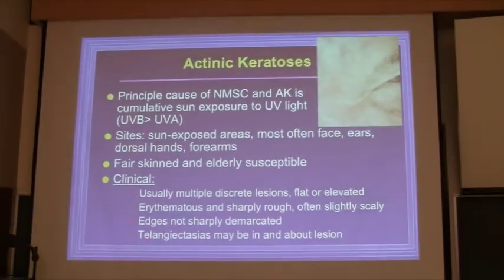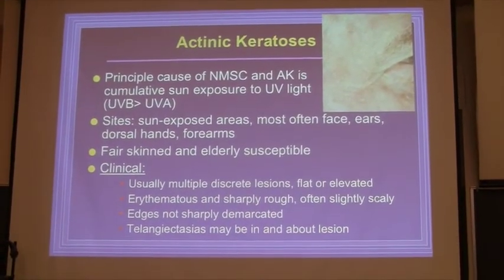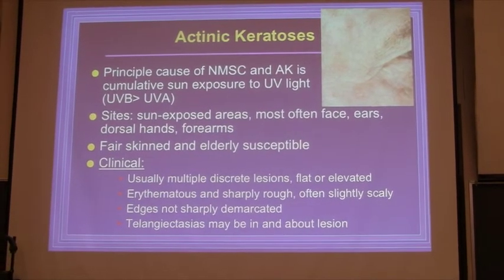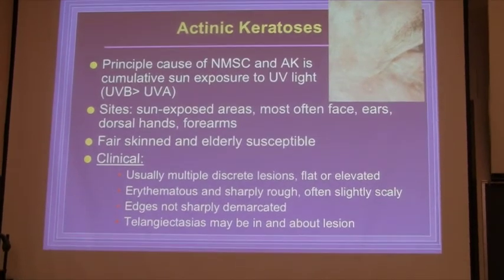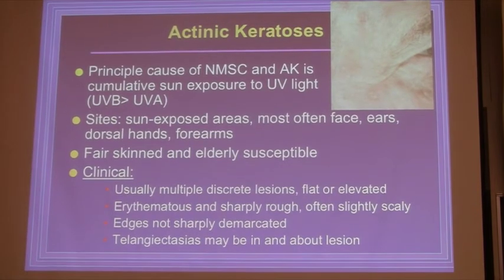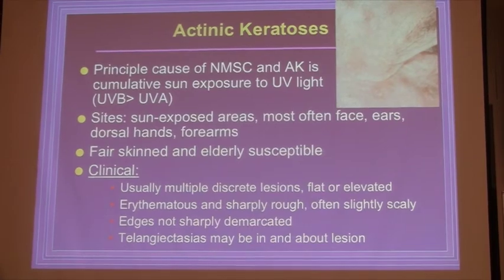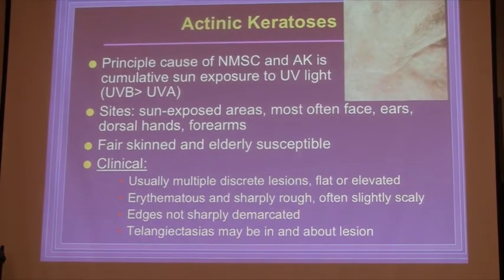So the principal cause for these actinic keratosis is just cumulative sun exposure to UV light. So because it's UV light, you can get some benefit with your sunscreen, so that's an important thing to do. Always go out and wear sunscreen when you're going to go out for a while, even in Seattle. There are always sun-exposed areas. There's definitely a gradient risk based on your skin type.